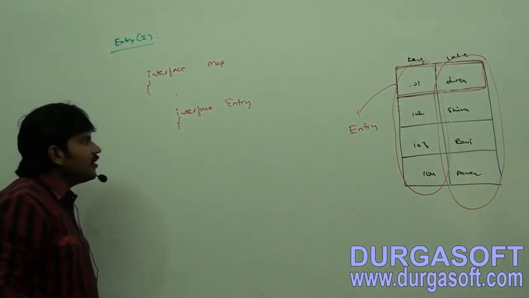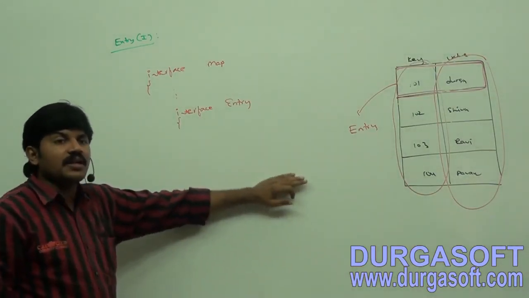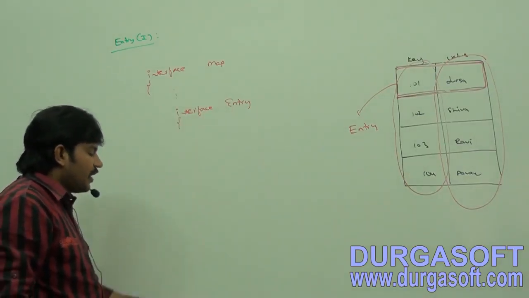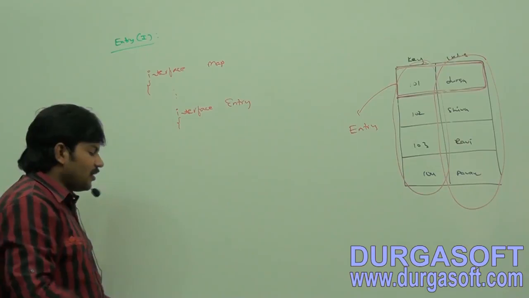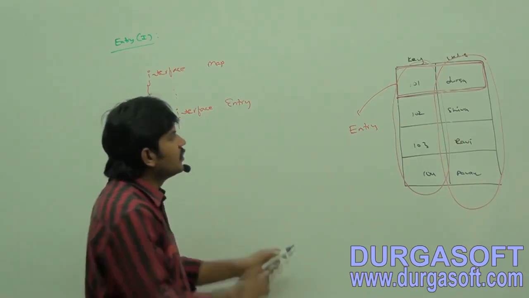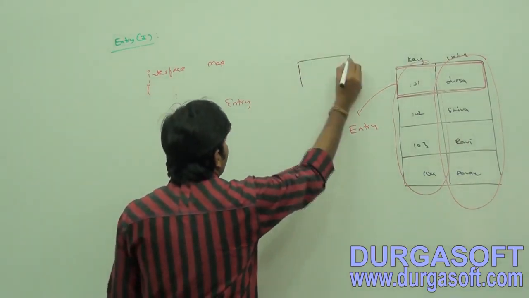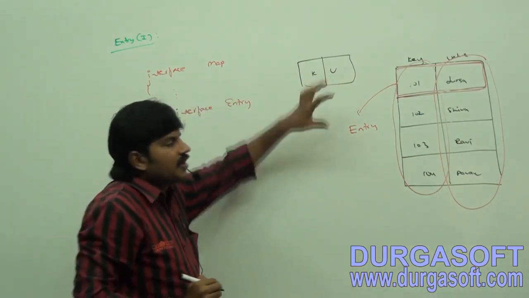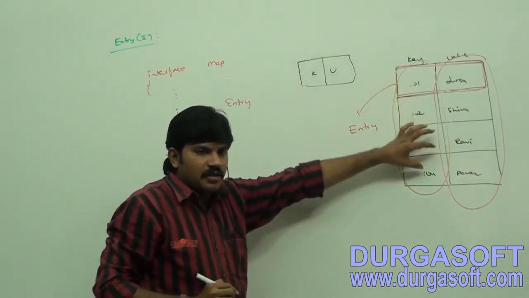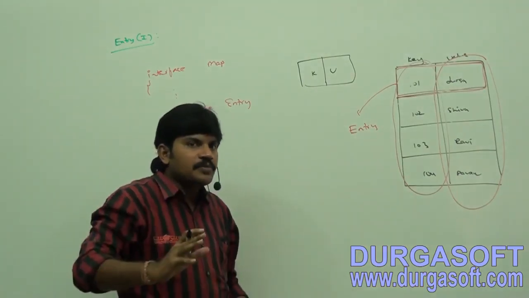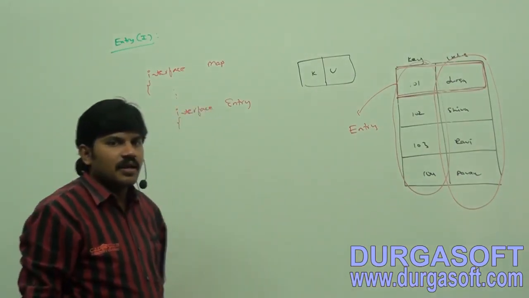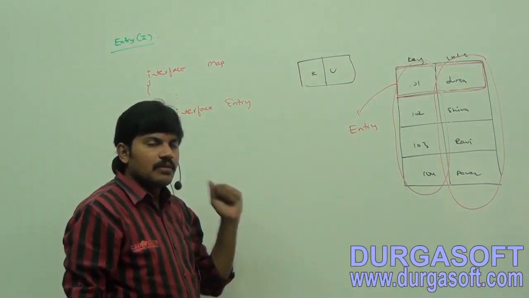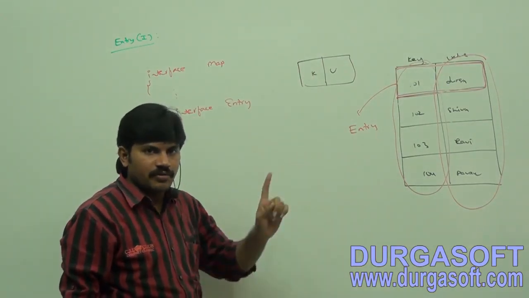Now within the entry interface, take very special care. Inside the map interface, on the entry object, which methods can we apply? One entry is nothing but a key value pair. This is the first entry object, second entry object, third entry. On the entry object, we can ask: what is your key?